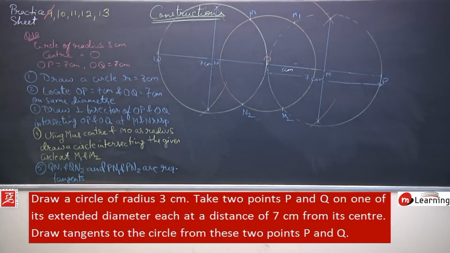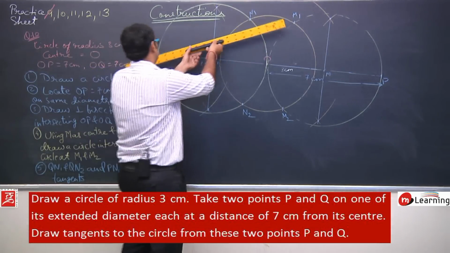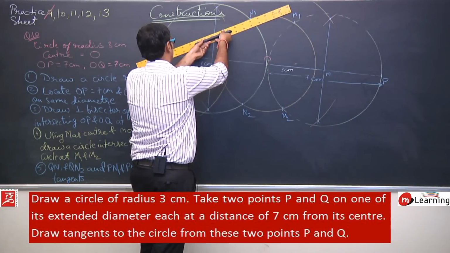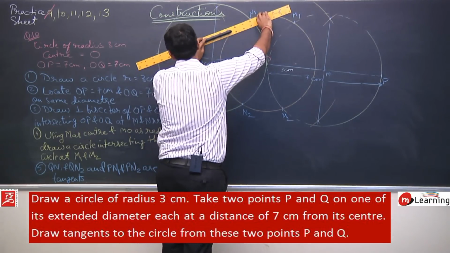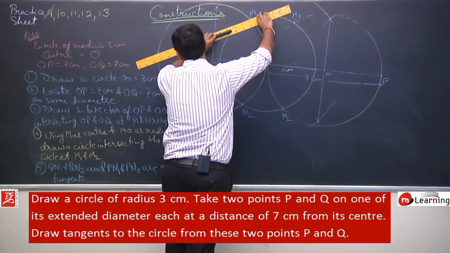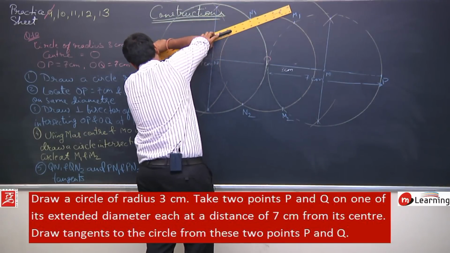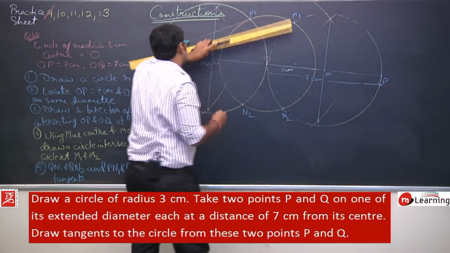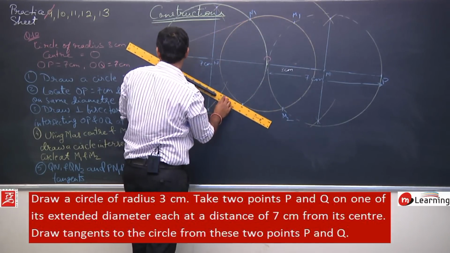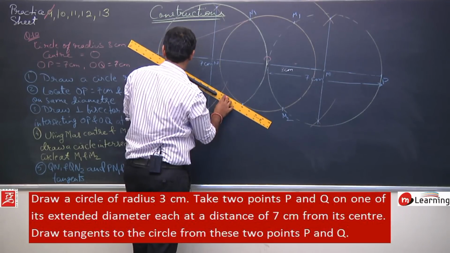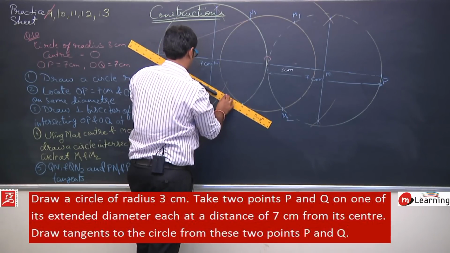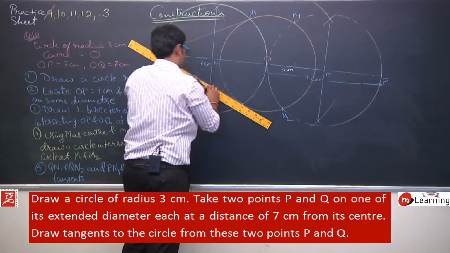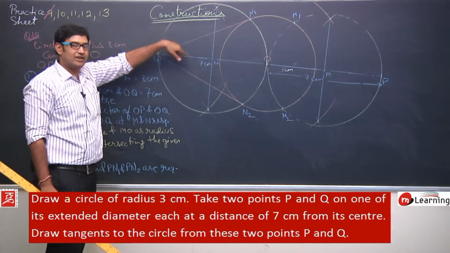So what I will do, I will simply join this Q point with this N1 like this, and similarly I will join this Q point with this N2, and we have got these two tangents QN1 and QN2.